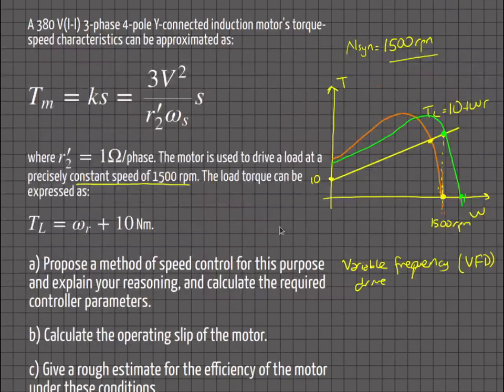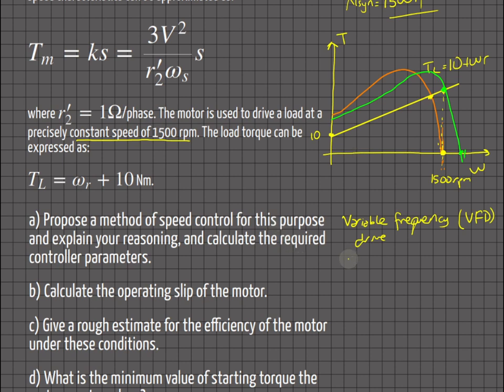So if you think, yes, maybe you can give a constant voltage, but as you increase the frequency, then you will put the machine into a field weakening region. So that's why we want to apply a constant V by F ratio.